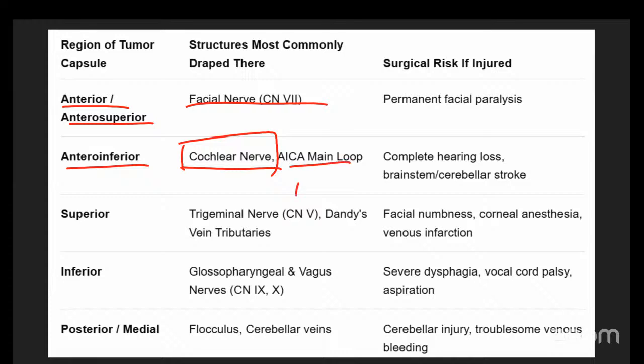AICA's main loop can be inferior, can be anterior inferior, and can be posterior inferior as well. Posterior inferior is more common, around 70 to 80%. In the rest of the subjects, it can be anterior inferior. Is it making sense? Or is it too fast?